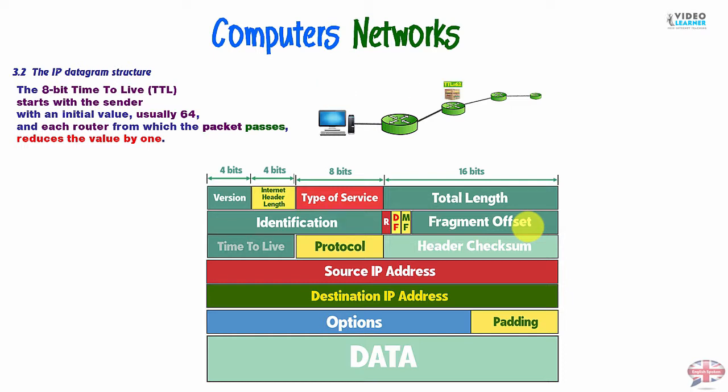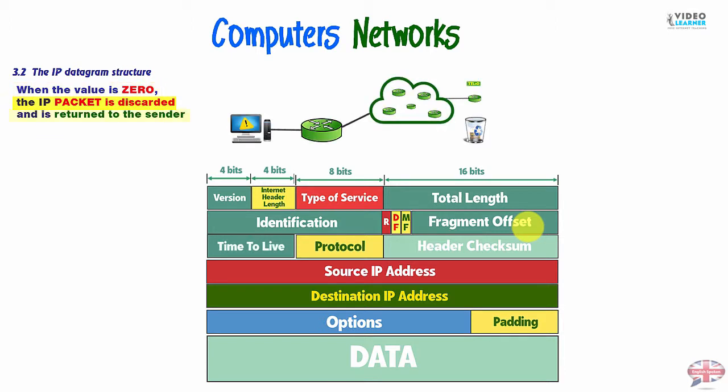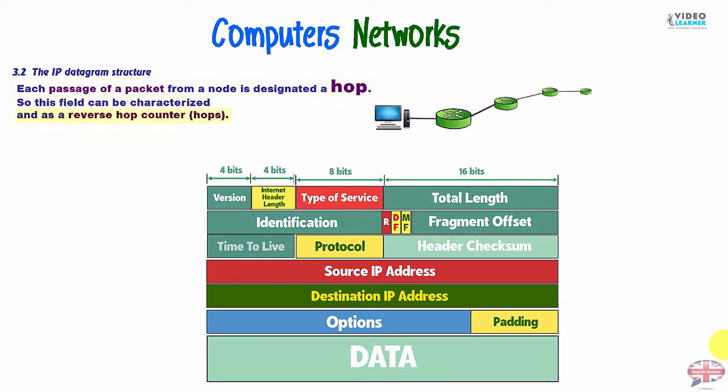When the value is 0, the IP packet is discarded and a diagnostic error message, time exceeded, is returned to the sender. Each passage of a packet through a node is called a hop, so this field can also be characterized as a reverse hop counter, counting hops.